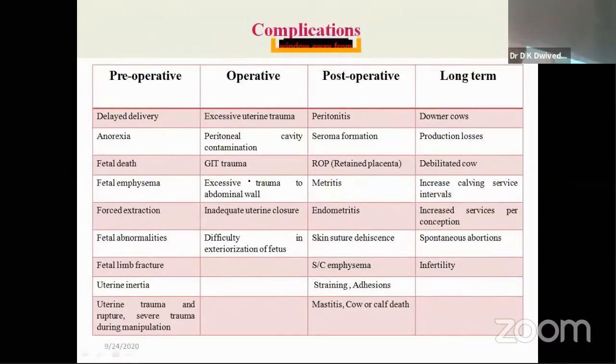There may be excessive trauma to the abdominal wall, and inadequate uterine closure due to a uterine tear. That may be one important complication. Then difficulty in exteriorization of the fetus may also be one important intraoperative complication that we observe during the C-section procedure.